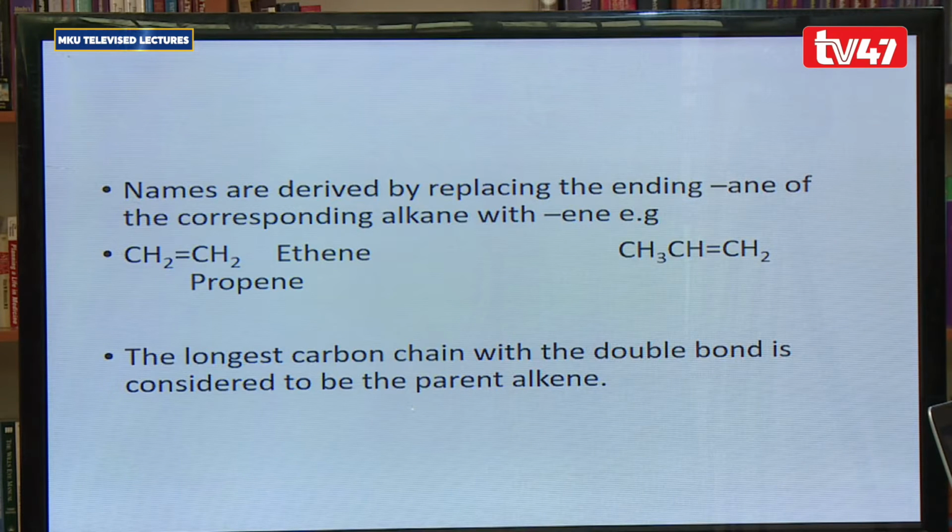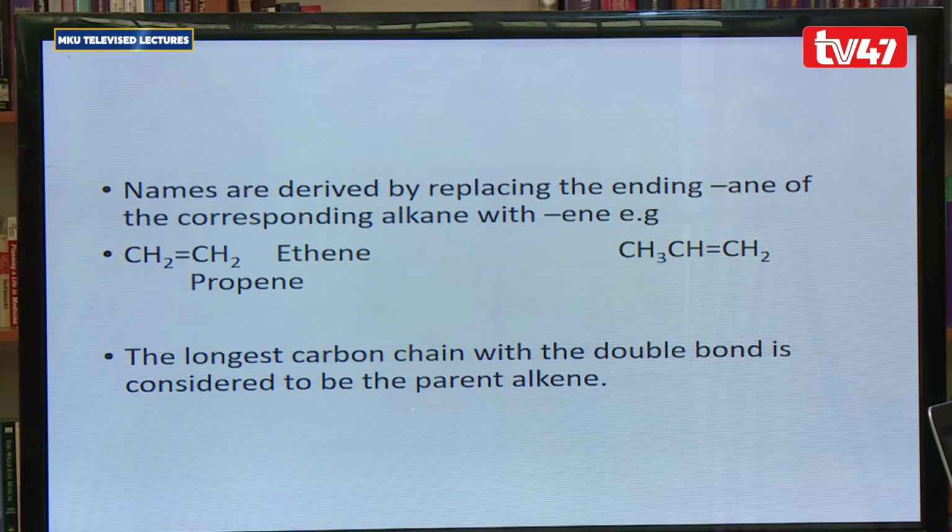Whereas the prefix in naming of alkenes is similar to alkanes, the only difference is in the suffix, whereby instead of using the suffix ane, in alkenes we use the suffix ene in place of ane, so that in a two-carbon alkene, the name is ethene. Now, if you have a three-carbon alkene with only a single double bond, then it is propene. In this case, we only need to replace the ane with ene.